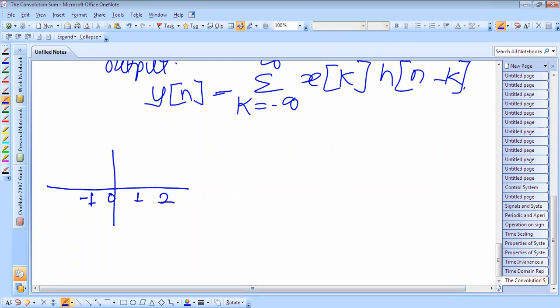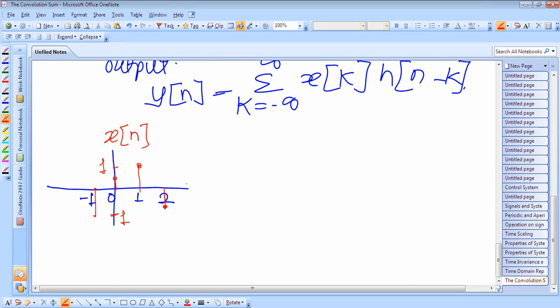The value at -1 is half, at 0 the amplitude is 1, and at 1 it is again half. So this is x of n.